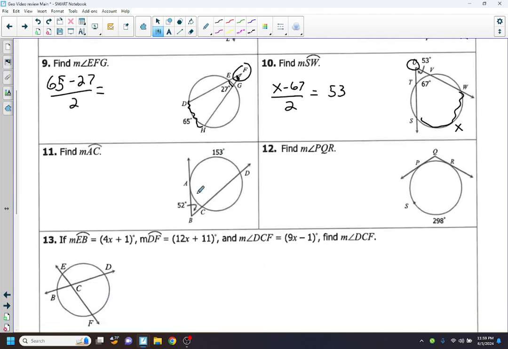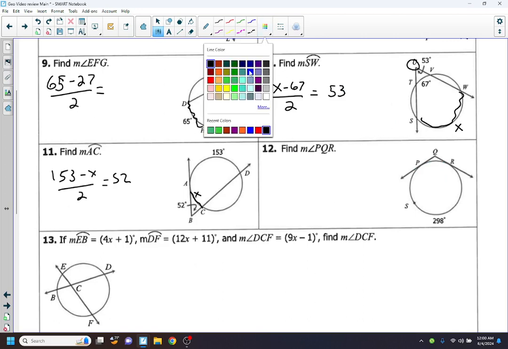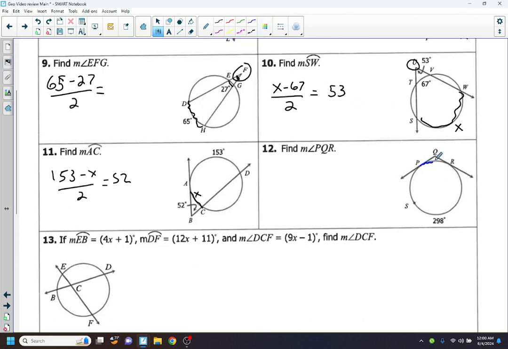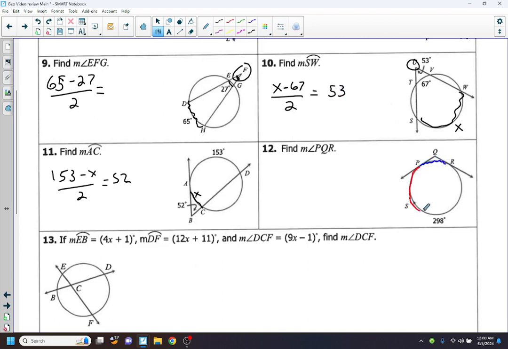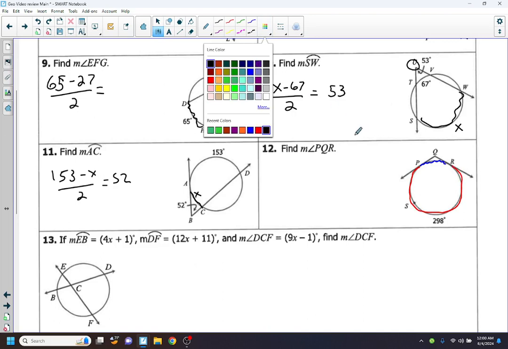This one, same issue. I'm just looking for the small arc this time. So 153 minus x over 2 equals 52. Same concept. Over here, you think, wait a second, usually they gave me 2 points of data, right? Now they only give me 1 point of data. What am I supposed to do? Well, there's only 2 parts, the small part and the big part, which means the 2 parts together should add up to 360.